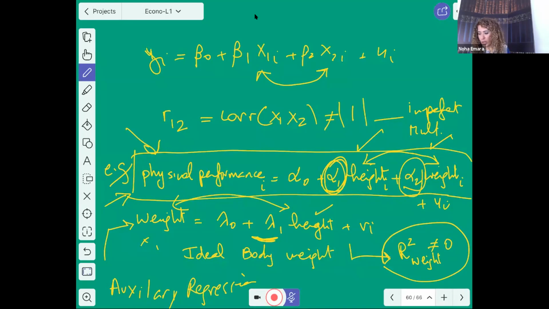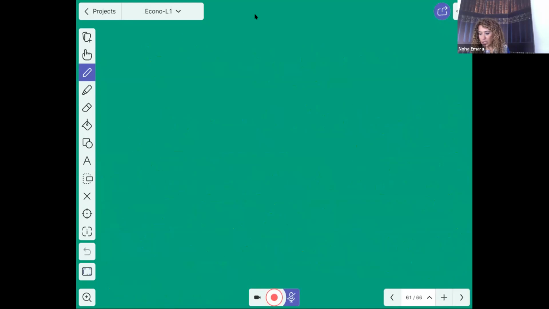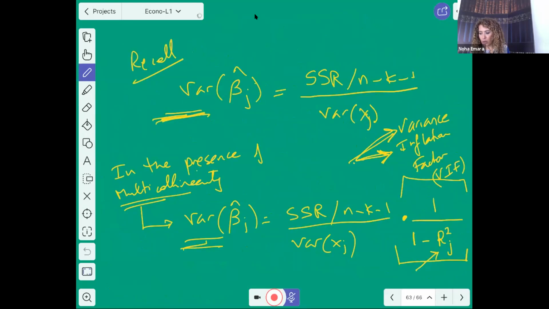It's the R square used here. That's why we call it R square J, because it's the R square coming from the regression of xj, let's say, on xm. If I have two x's, xj and xm, then it's the R square of the regression of xj on xm, and I take it here.